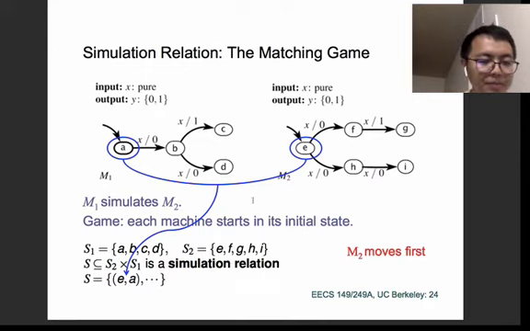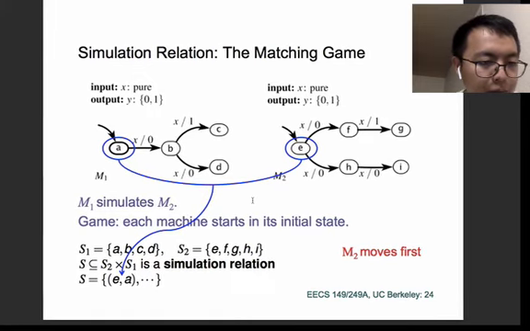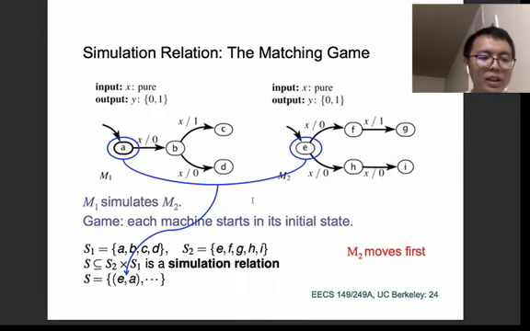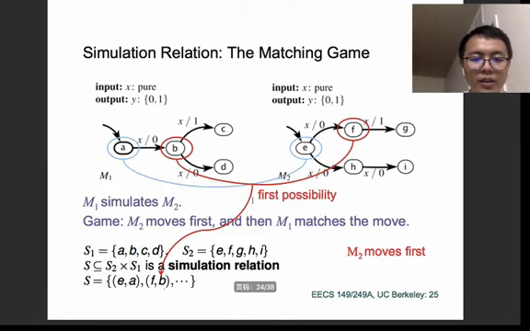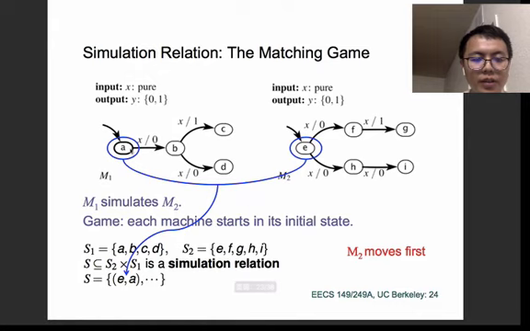Let's see. What does it mean that it can? In this case, it certainly can.